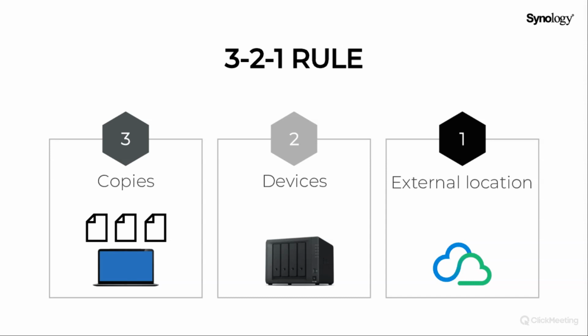One of the ways that you can do this is if you follow Synology's suggested 3-2-1 rule. Essentially, the 3-2-1 rule means that you have 3 different copies of your data, and these copies should at least be located on 2 devices. And we also recommend that you have 1 more copy placed in some external place.